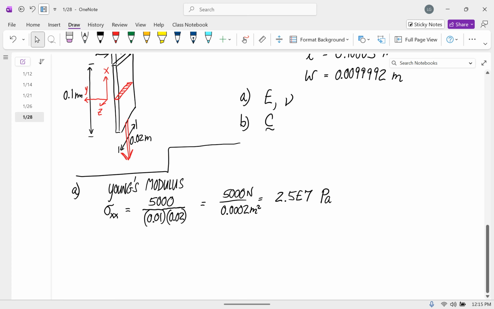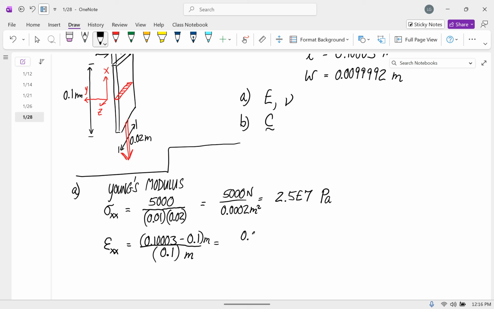And then the other thing we need to calculate E, Young's modulus, is the strain in the loaded direction. So that is going to be the deformed length, 0.10003, minus the undeformed length of 0.1, divided by the undeformed length. This is meters divided by meters, so you end up with something unitless.